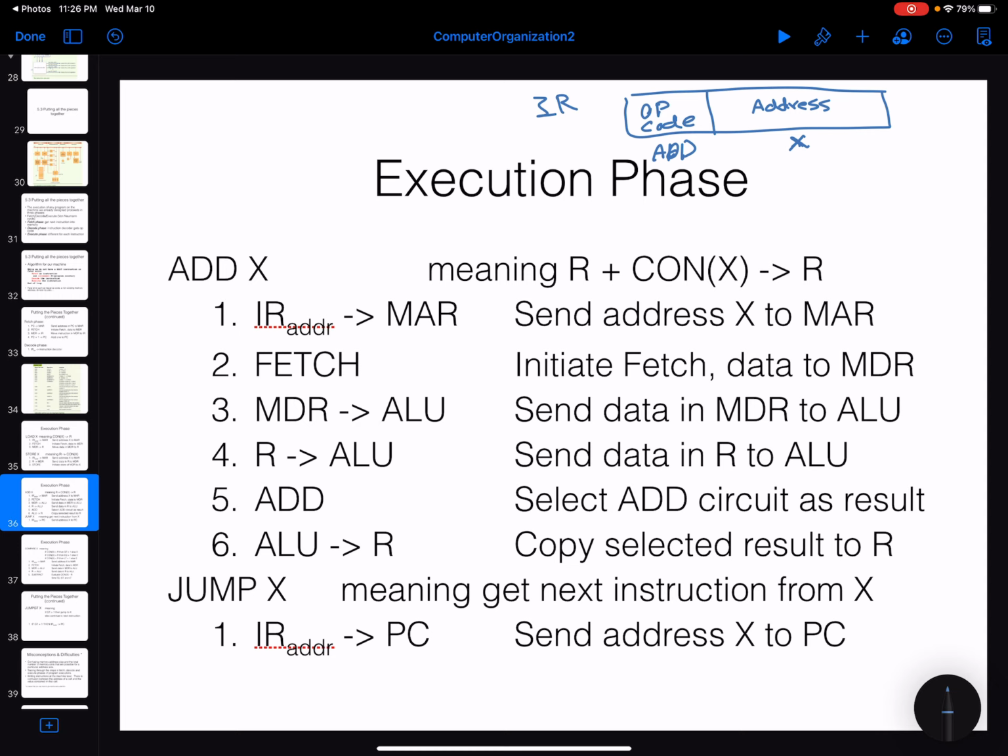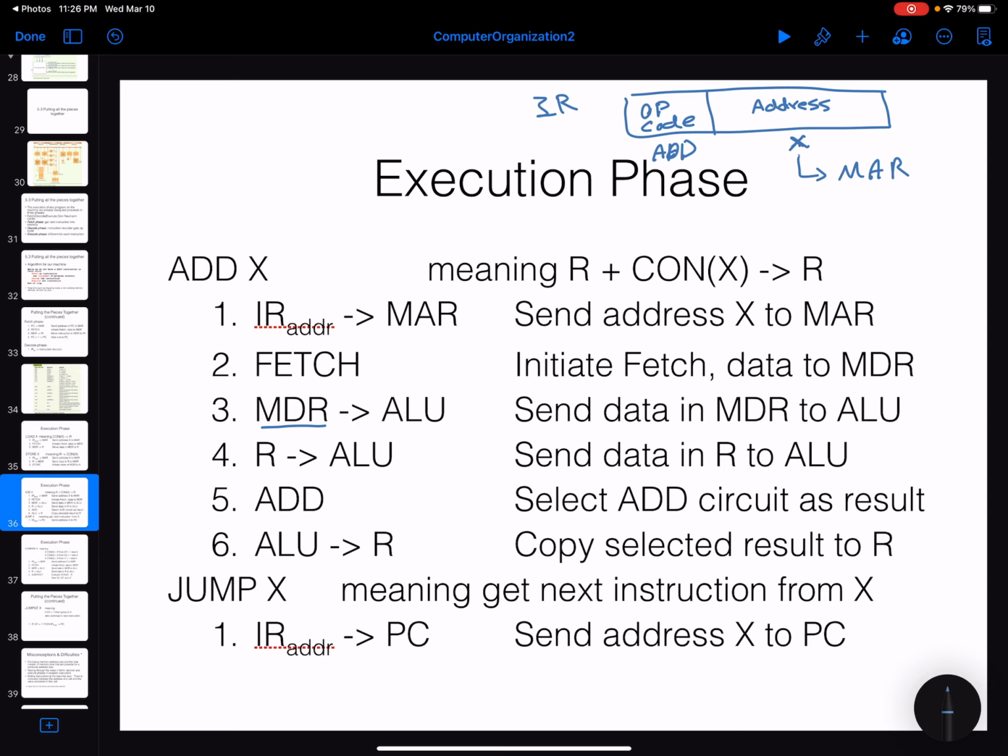So what we need to do is send out this address to MAR, to the memory, because we want to fetch the content of this address. So this will be sent to the MAR. A fetch signal will be sent to the MAR. Then whatever is the content of the MDR will be sent out to the ALU.